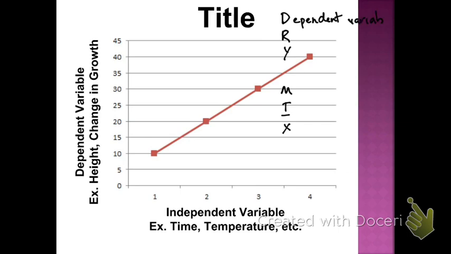It's the result, and it's always found on the y-axis. The manipulated variable, the one that you can change, is the independent variable, always found on the x-axis. If you ever forget, just remember DRY MIX. So DRY, the responding, dependent variable is on the y-axis; MIX, the manipulated, independent variable is on the x-axis, okay?